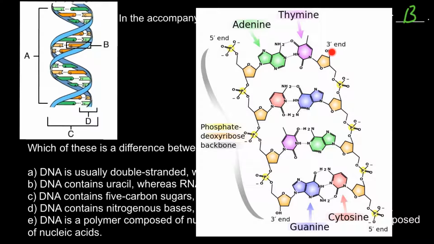For example here we have thymine. Thymine also consists of the same three main elements: phosphate group, sugar, and base. As you see, some bases have two rings and some bases have one ring, and we call those with one ring pyrimidines, and those with two rings we call purines.